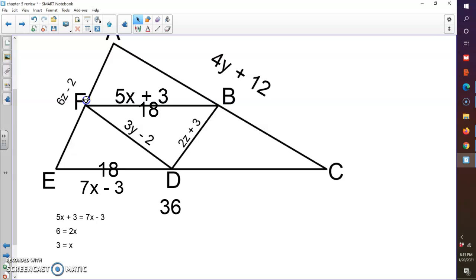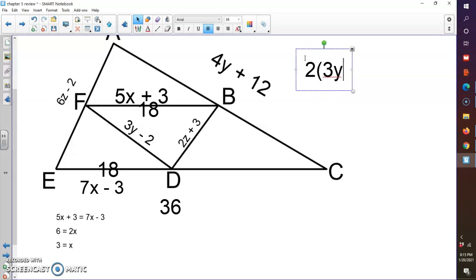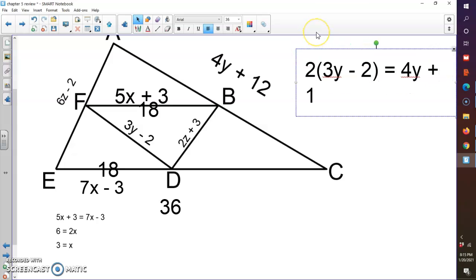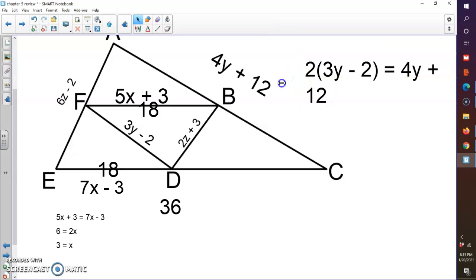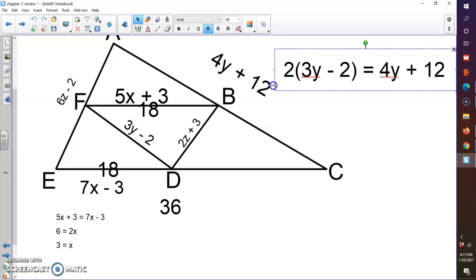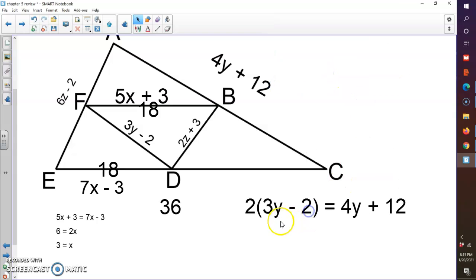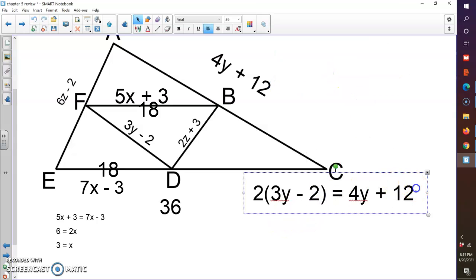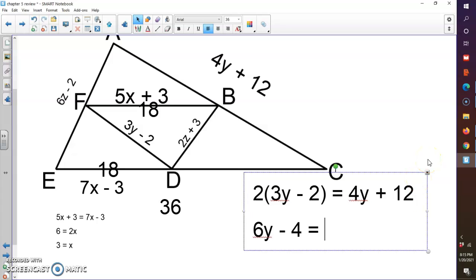Here, I need to recognize I have FD and I'm being given the entire line AC. So to make the adjustment, I need to double my 3y minus 2, and that equals 4y plus 12. So I'm going to first distribute. 6y minus 4 equals 4y plus 12.